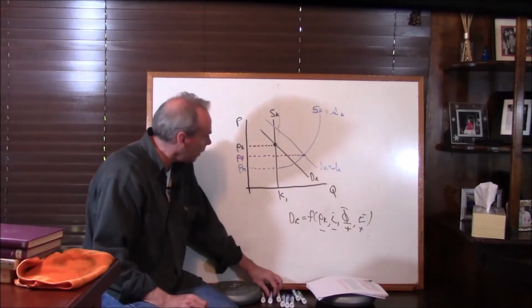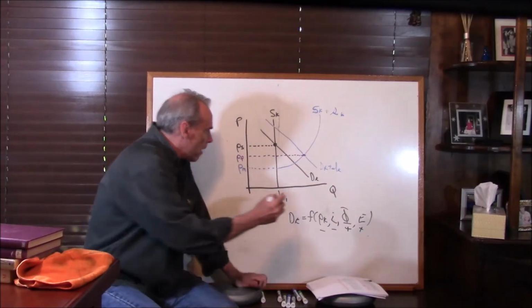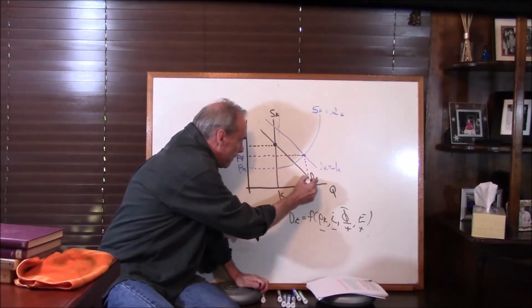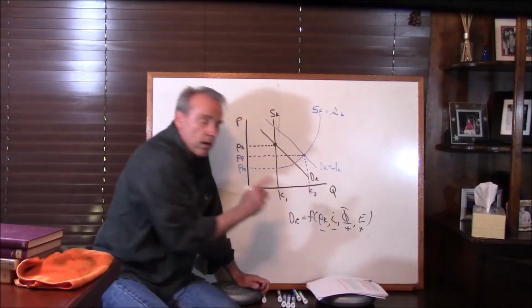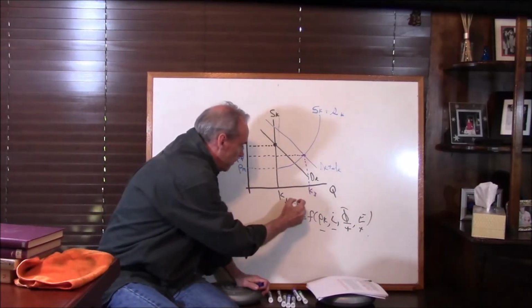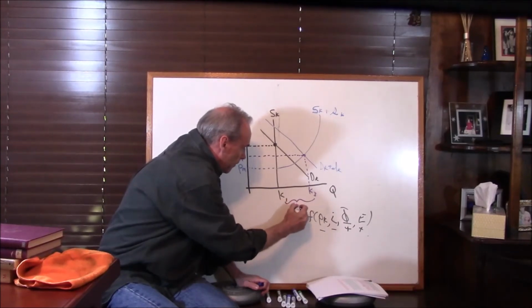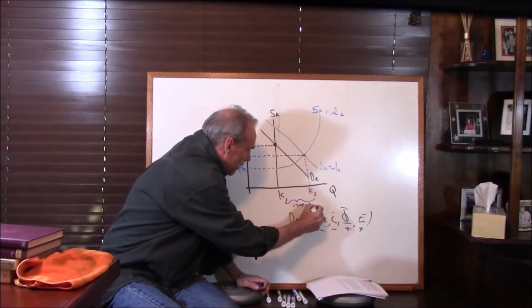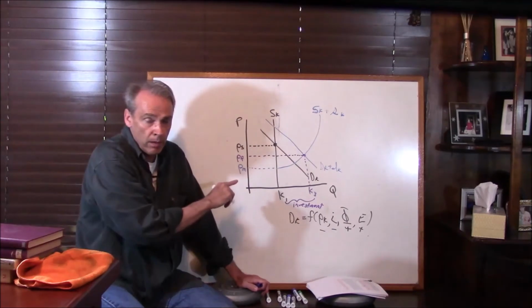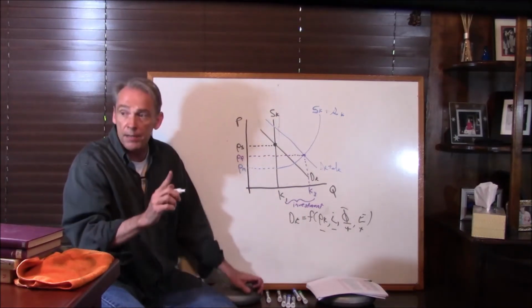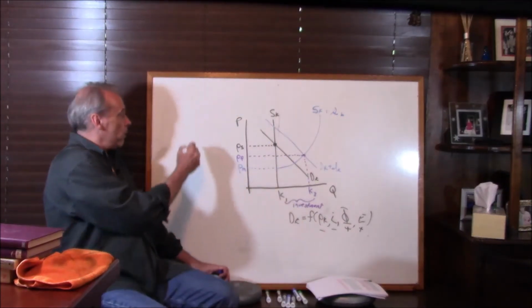All right, first thing, I'm going to drop down from here and call that K sub 3. That is total investment. All right, gross investment, total investment.